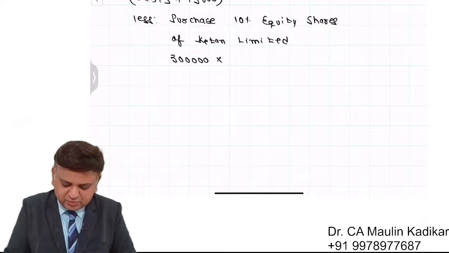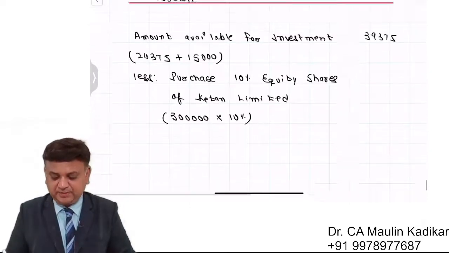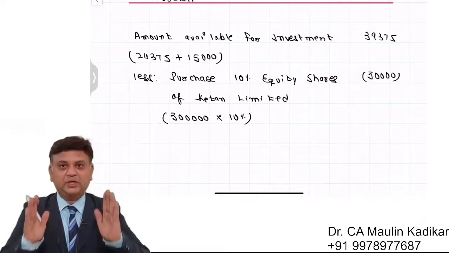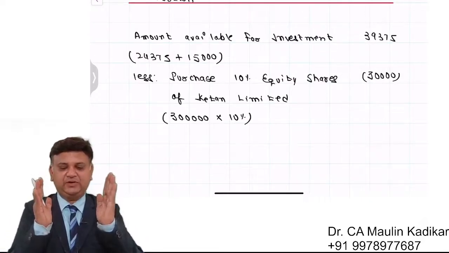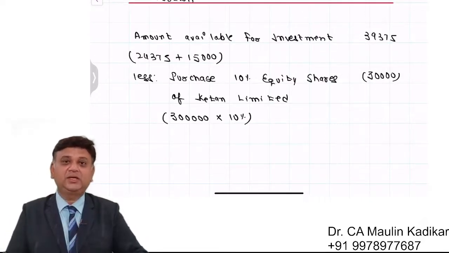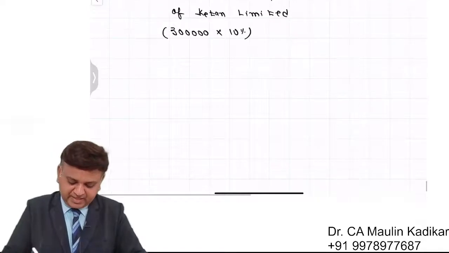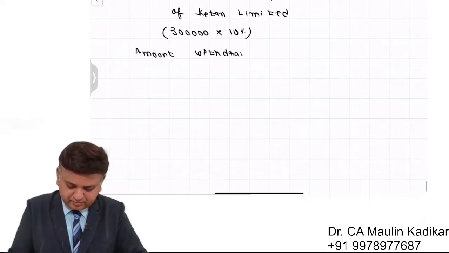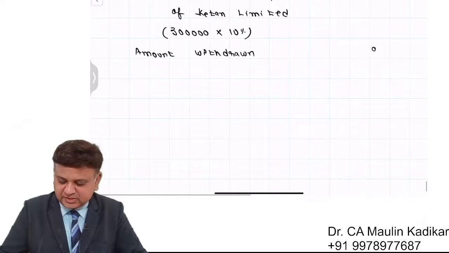Earlier, Mr. X was holding 10% shares. So, even in the new company, he will purchase 10% equity shares only. That is 30,000. So, out of 39375, 30,000 rupees is invested. And this is the amount withdrawn. Amount withdrawn is 9375.